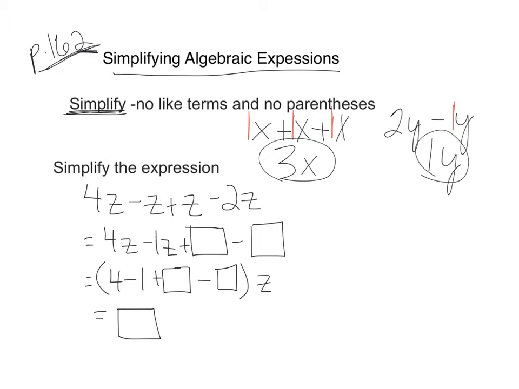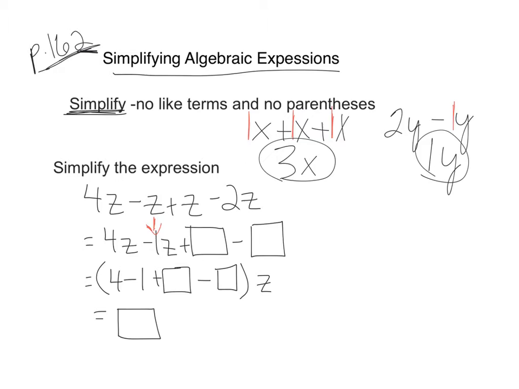So let's look at the try it at the bottom of the page. On the try it then, we've got 4z minus z plus z minus 2z. We're going to try to combine this all together. So if you'll notice the second term there, the minus z, they made that as minus 1z. We can put a 1 there in front.